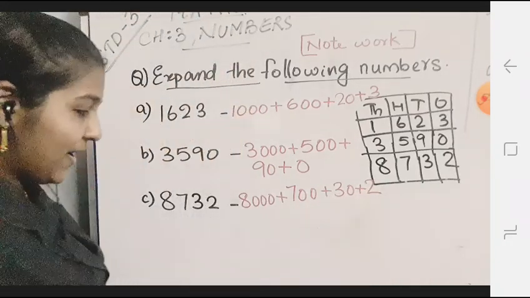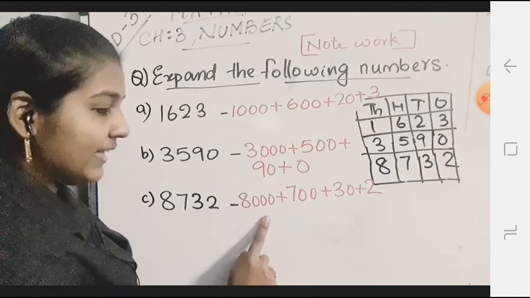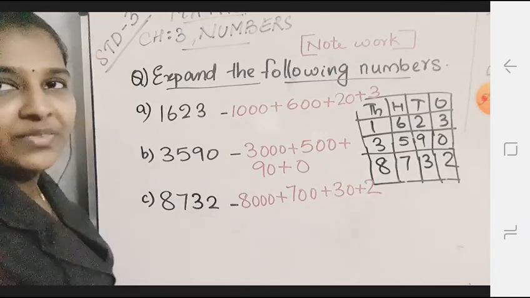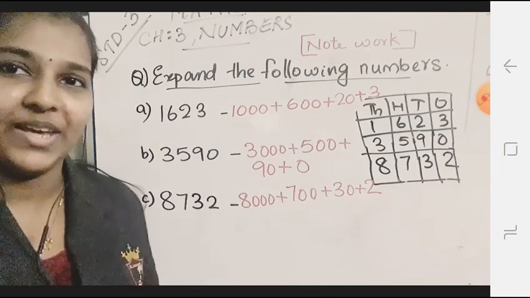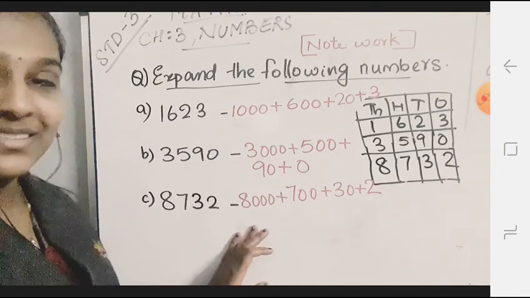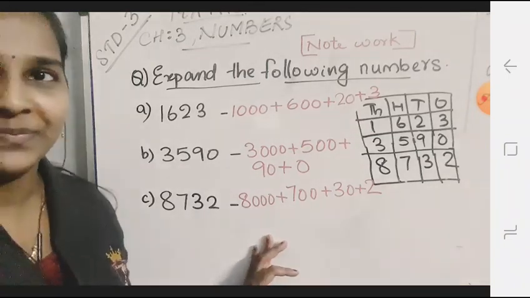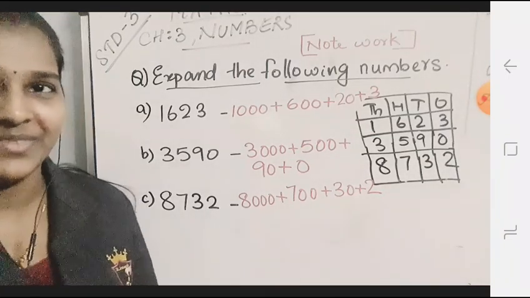So the expanded form of this number is 8,000 plus 700 plus 30 plus 2. Okay, children, is it clear? So this way we can write the expanded form of the given number. Got it, children?